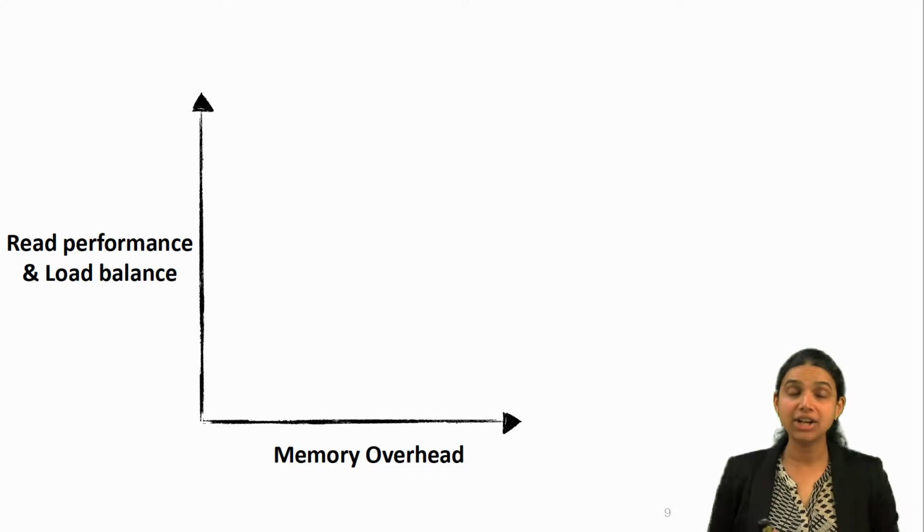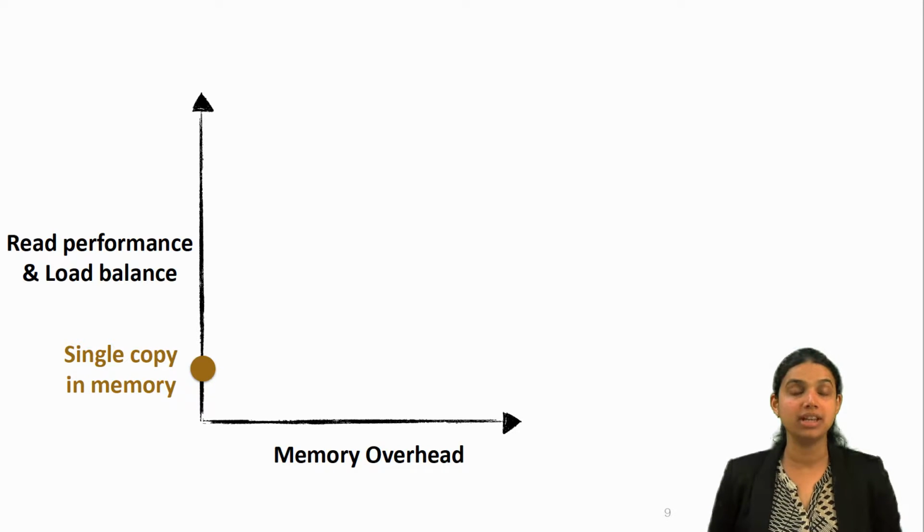Now let us compare selective replication with other schemes in this cartoon plot. Here on the x-axis, we have memory overhead, so smaller is better. And on the y-axis, we have read performance and load balance, so higher is better. Let's say having a single copy cached in memory operates here. It has zero memory overhead, but poor read performance and load balance.